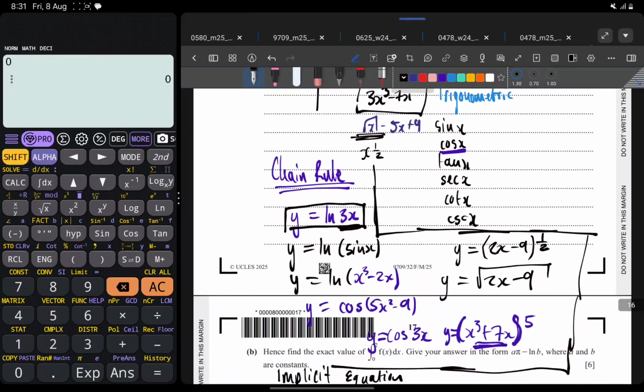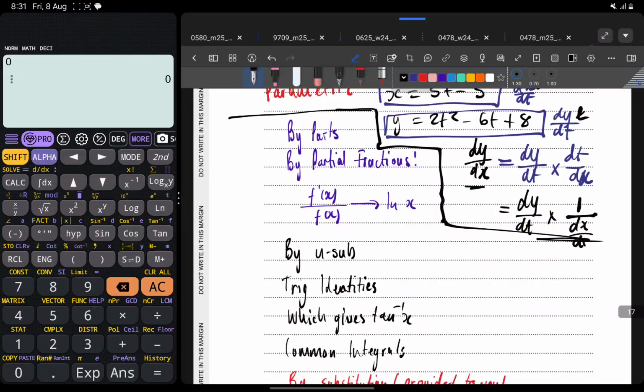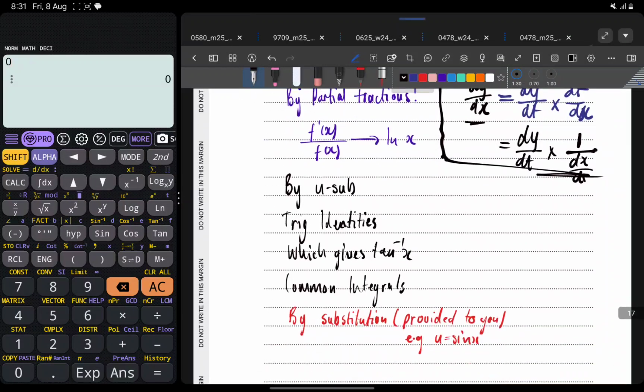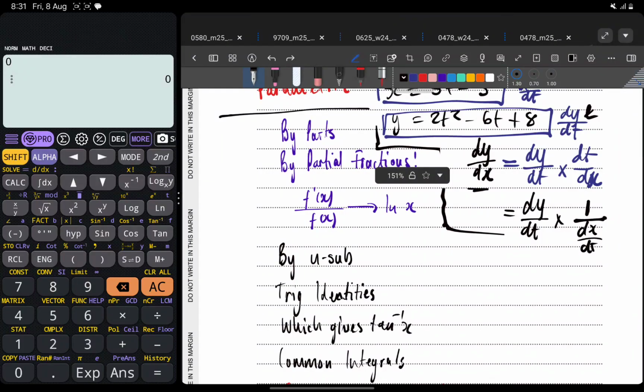Now, let's go through integration, guys. For integration, we don't have the product rule. The product rule is for differentiation.